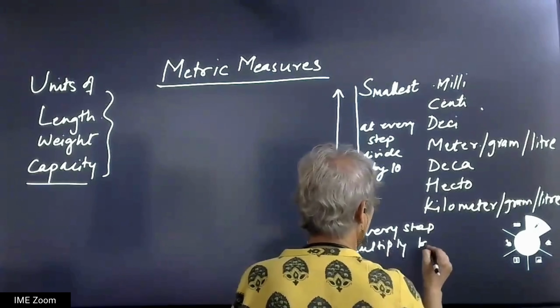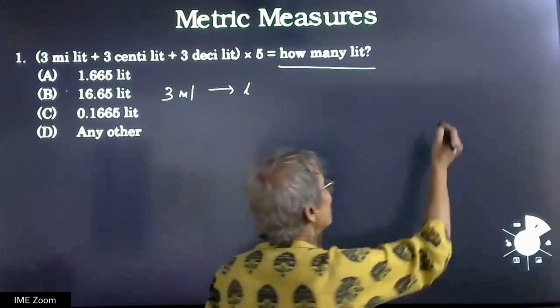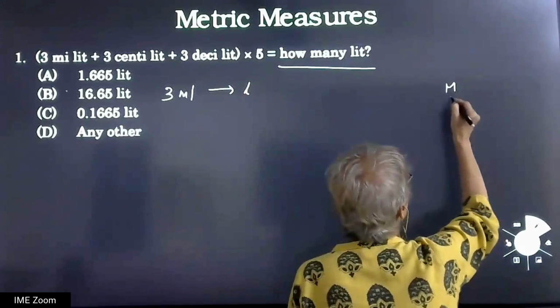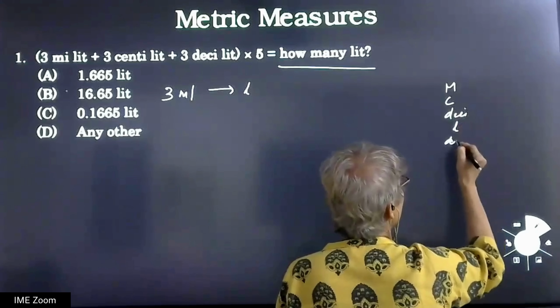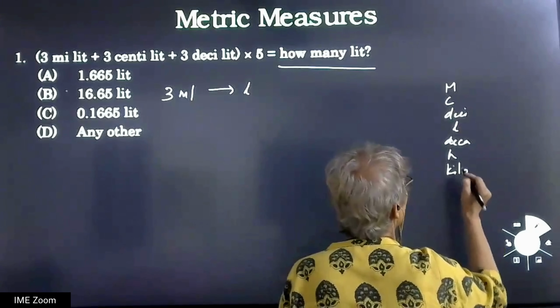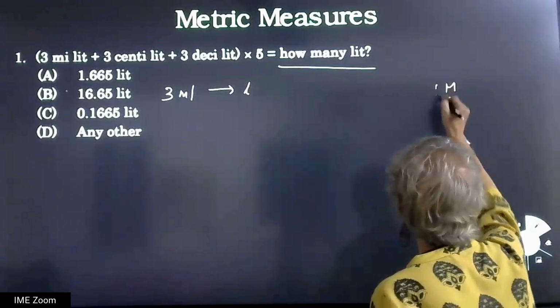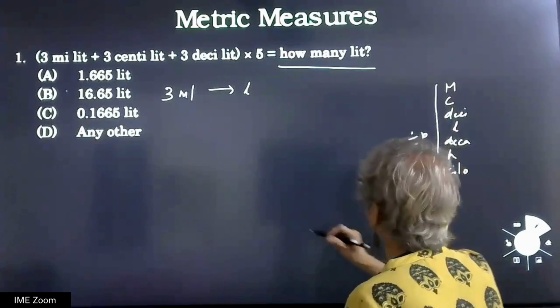First, let us take 3 ml, milliliter. So 3 ml is given. Now 3 ml is to be converted into liters. So again, every time I am going to write milli, centi, deci, liter, deca, hecto, kilo. We are going from smaller to larger, so divide by 10 at each step.